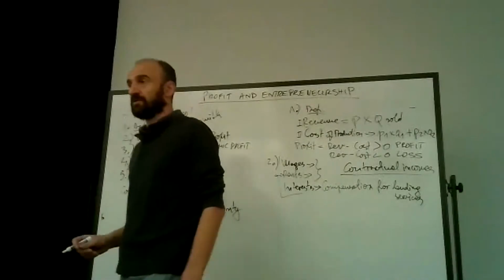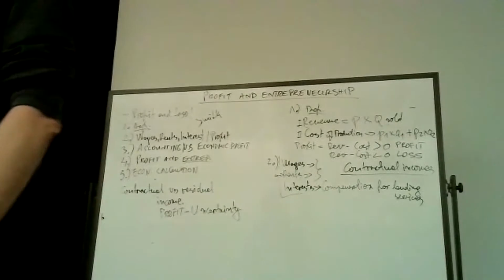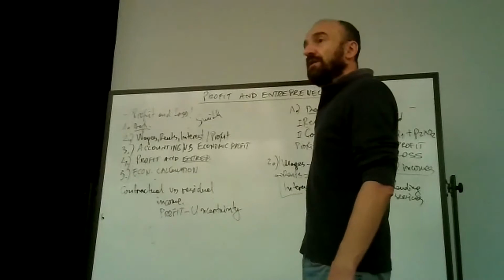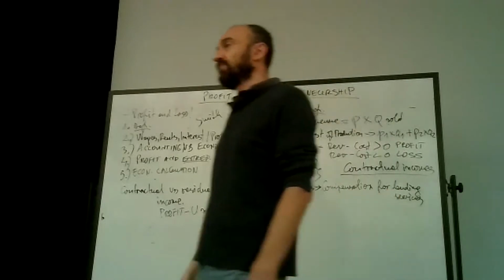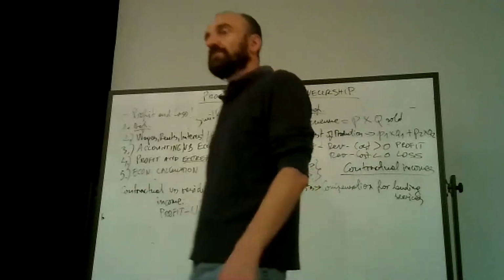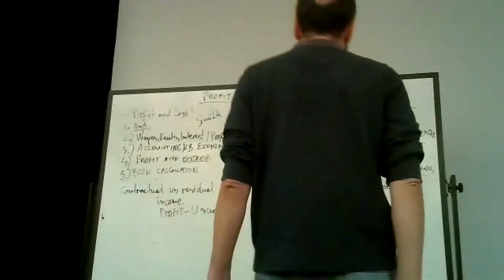Uncertainty about the future. Uncertainty about the consumer demand. Uncertainty about how much you would sell. About your future revenue. Uncertainty about some cost items that might get more expensive in the meantime.